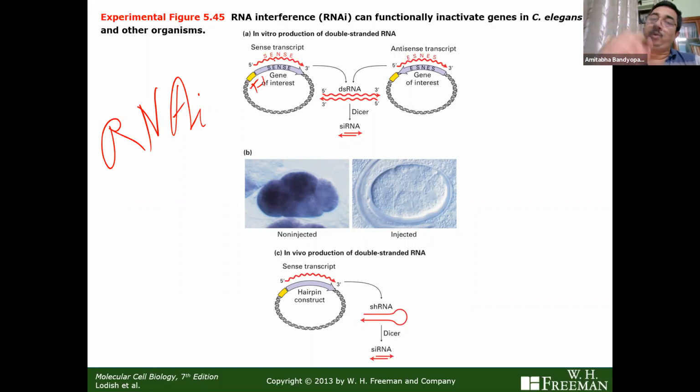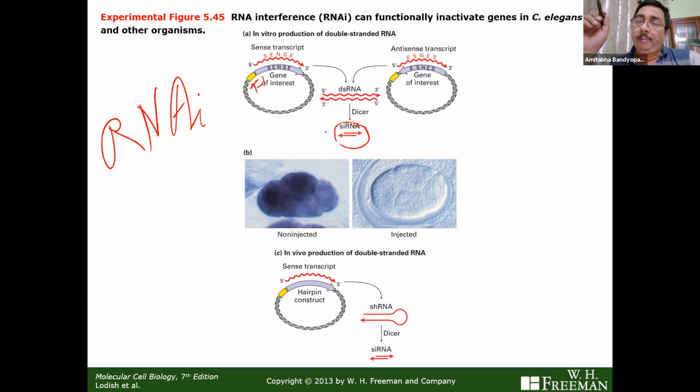One plasmid will transcribe the sense version, another will transcribe the antisense version, and because you are producing them together, they will form double-stranded RNA. You can inject that double-stranded RNA, and the cellular machinery, like Dicer, which you have heard of, will produce the active agent that can silence the gene. It acts both by degrading the target RNA and by blocking translation. There are some subtle differences, like siRNA and shRNA.